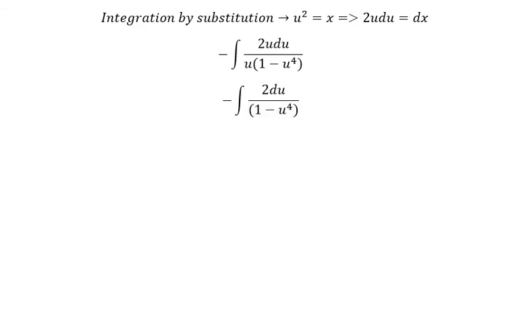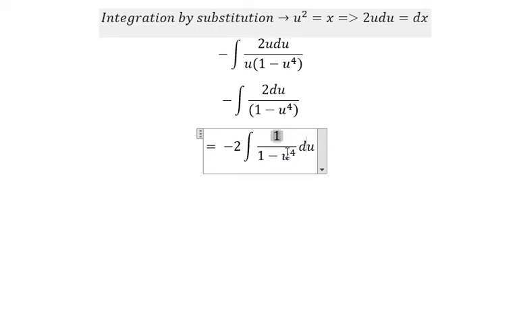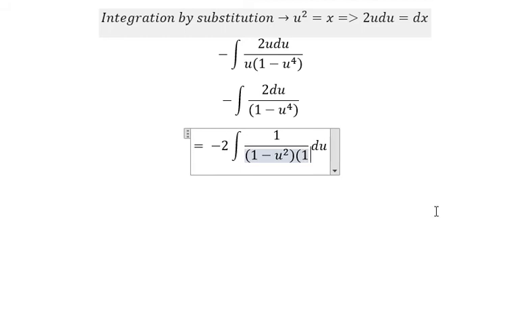Next, we put number 2 outside, and we got 1 minus u to the power of 4 and du in here. We can separate them into 1 minus u squared multiplied with 1 plus u squared.